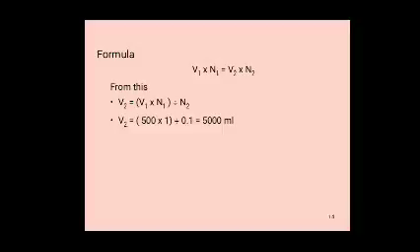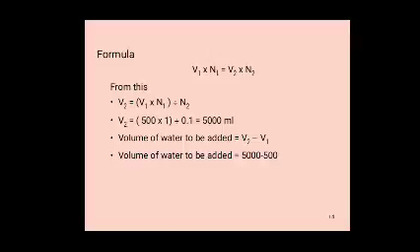The amount of water to be added to the given concentrated solution, volume of water V, is equal to V2 minus V1, that is 5000 minus 500, equal to 4500 ml of water added to the given solution. Then it turns into a 0.1 N solution.